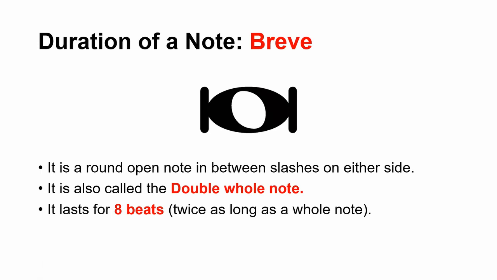If we have a beat, that's 1 beat. So this breve, when you see it in music and you sing or play the note, should last for 8 beats. So it should go la. 8 beats.